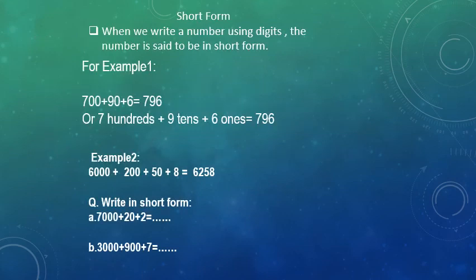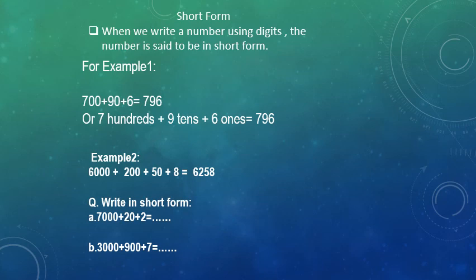Our next question is write in short form. You know that when we write a number using only its digits, the number is said to be in short form. For example, the number is given in expanded form like 700 plus 90 plus 6, and you have to write it in short form. Then you have to use only digits. The digits are 7, 9, 6, so the number will be 796.